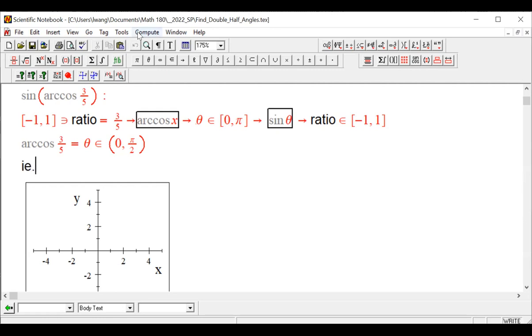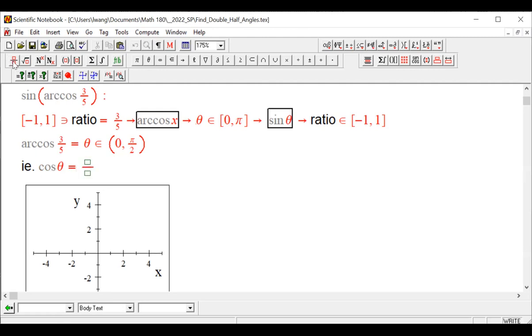And this also means that cosine theta is equal to 3/5. We know that cosine's definition is x over r.